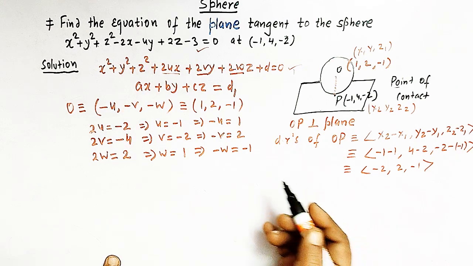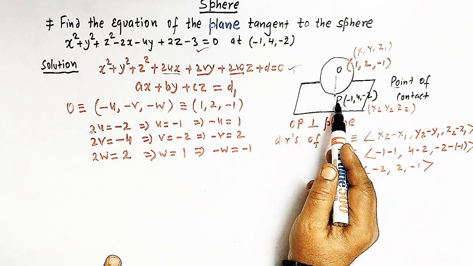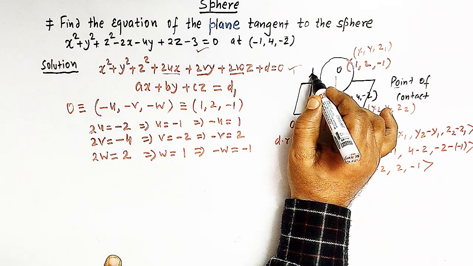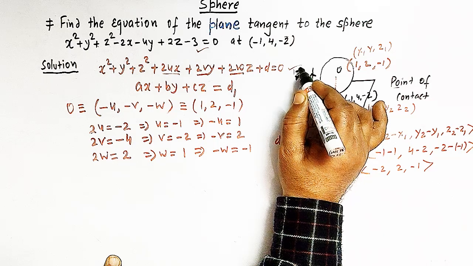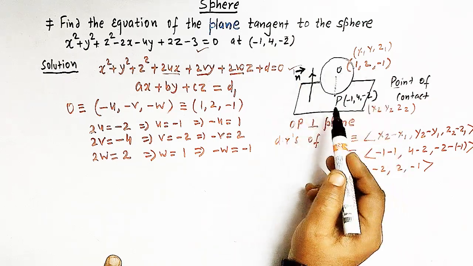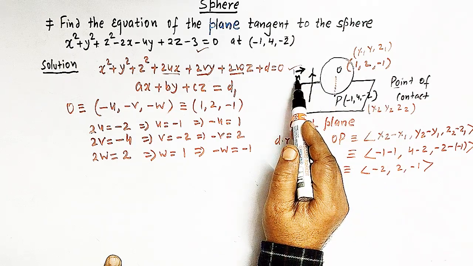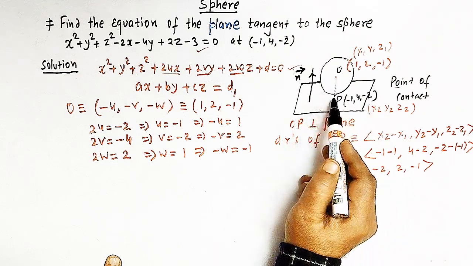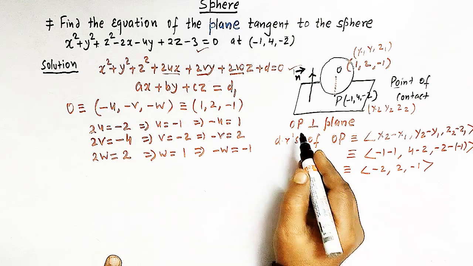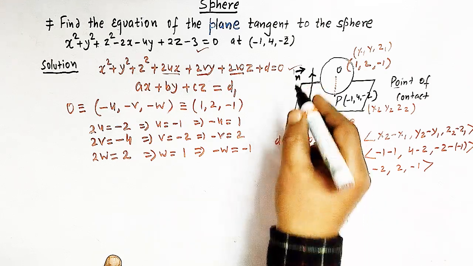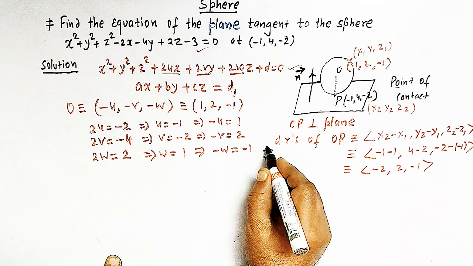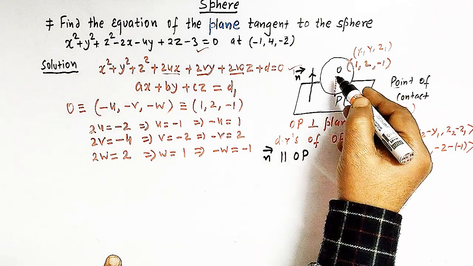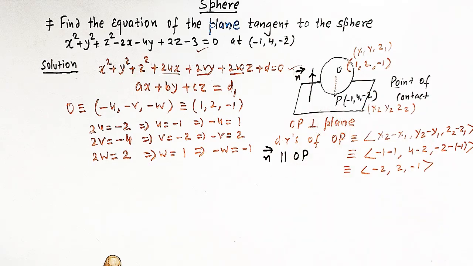So now let us draw the normal vector to this plane, right? So the normal vector of this plane may be drawn like this. And from this figure, we know that this normal vector is perpendicular to this plane, and OP is also perpendicular, right? So OP is perpendicular to the plane. It implies that this normal vector n is parallel to this line, that is the radius, that is OP, right?